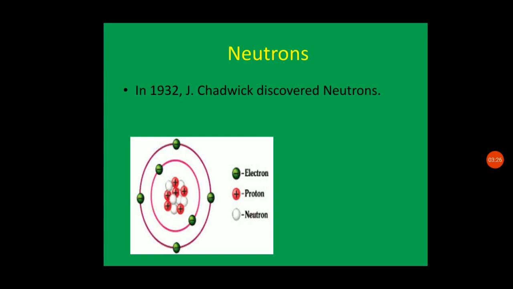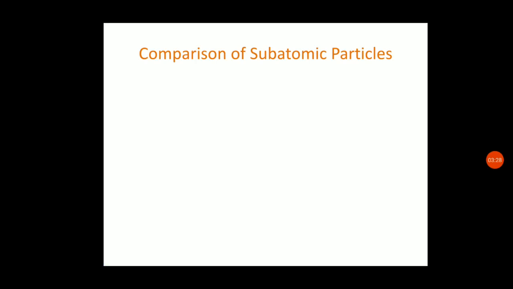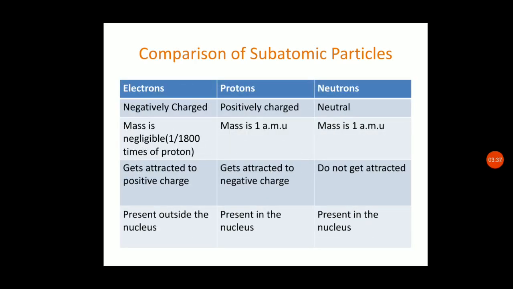And we will compare all the three subatomic particles. Which are the subatomic particles? Electrons, protons and neutrons. Electrons are negatively charged particles, protons are positively charged particles, and neutrons are neutral.